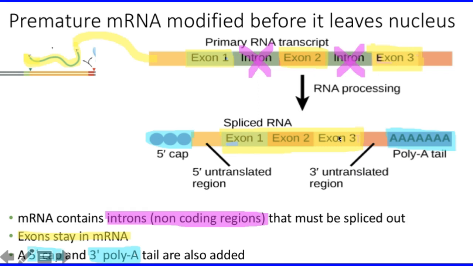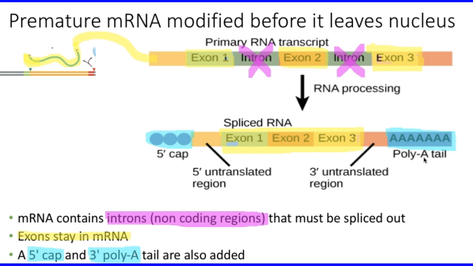And the final step of RNA processing is we actually have to add a 5' cap on the 5' side of that messenger RNA sequence. And then on this side right here, we actually have to add a polyadenylated tail. So we just call it a 3' poly A tail. The reason it's called a poly A tail is only because it has tons of adenine at the very, very tip of it.